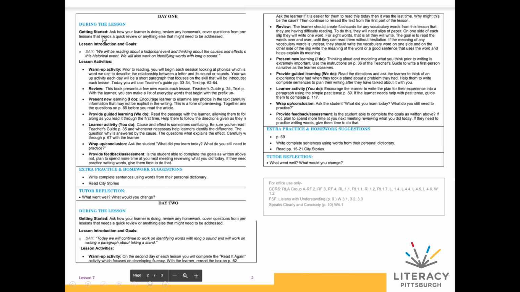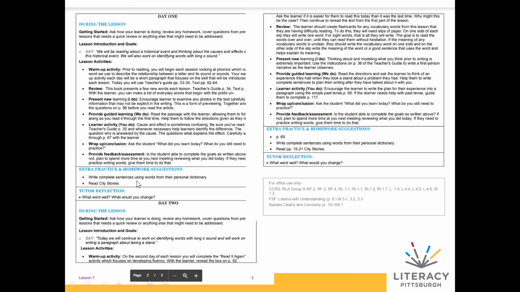So day 1, you'd get started, you'd introduce the lesson and the goals. These are the activities you do. The pages are listed for both the teacher's guide and the text. So it really does run through what you need to do. But it still refers you back to the teacher's guide.